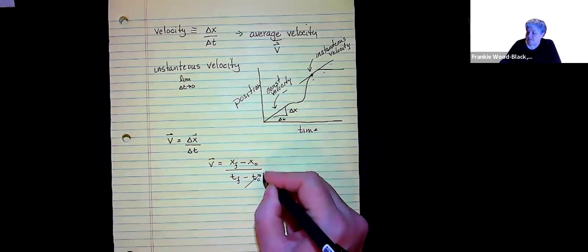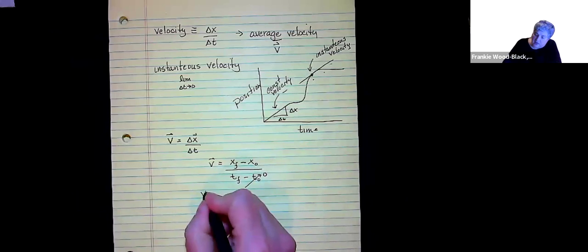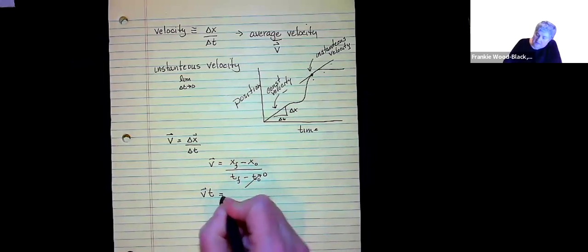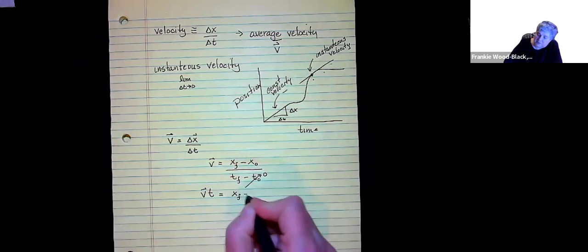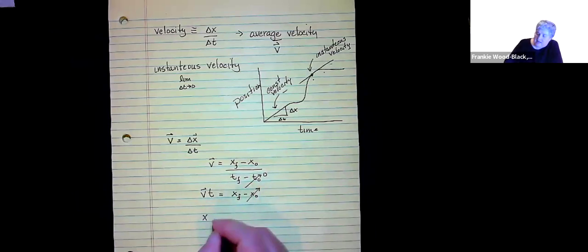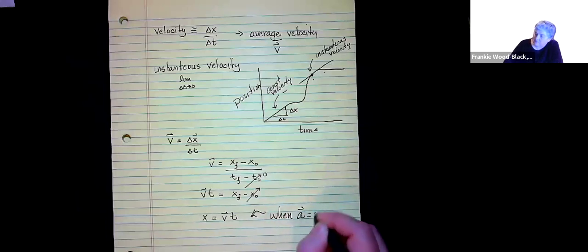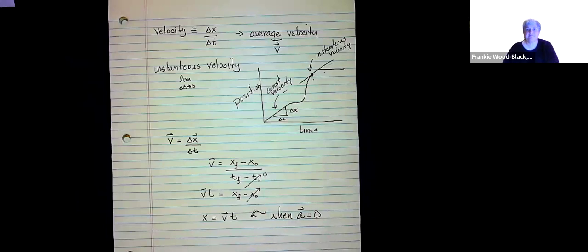Usually we start at time initial being 0, right? Then I can do velocity times time is equal to my change in position. And if the initial position is equal to 0, I get x is equal to velocity times time. And this is when there is no acceleration. So we got our first equation, our first item in the toolkit.